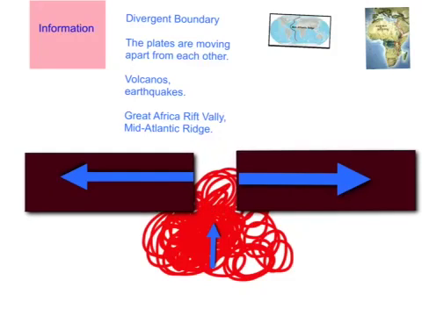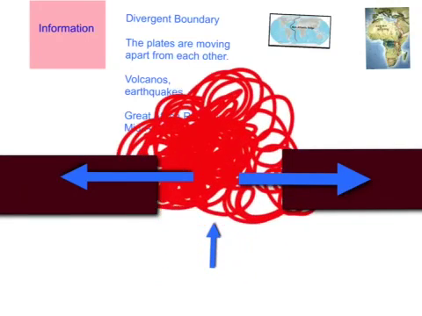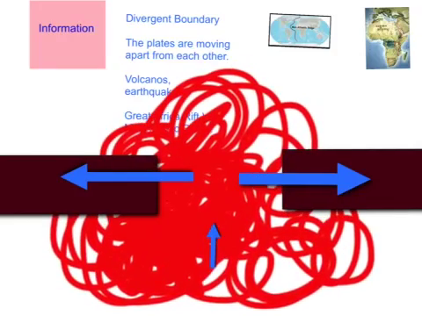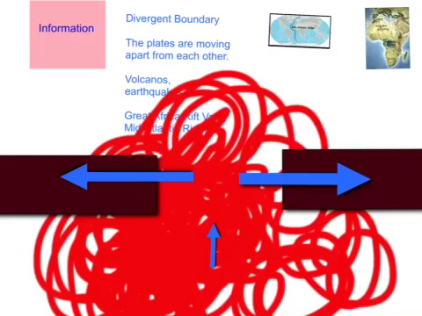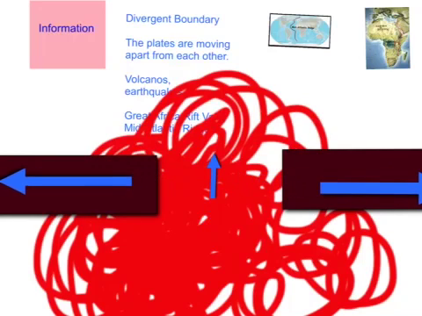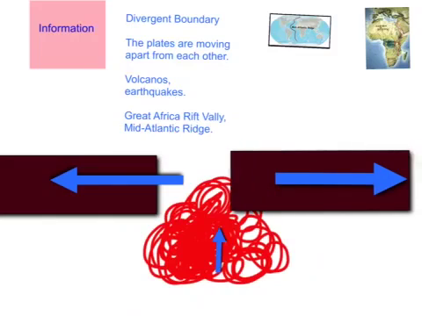So the plates move apart from each other, and then lava and magma come up and form under the plates right here. It forms around where this blue arrow is at, and then it moves upwards like this. It moves up, and the plates move this way, and that is what a divergent boundary is.